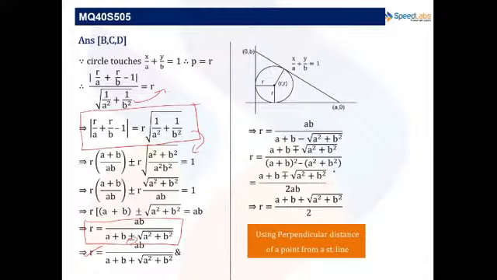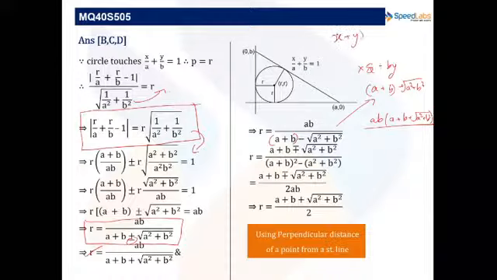And on rationalizing, if you multiply and divide by a plus b plus under the root a square plus b square, then in the numerator you will get a plus b plus under root a square plus b square, and in the denominator, using the identity x plus y into x minus y equals to x square minus y square, this will be a plus b whole square minus a square plus b square.